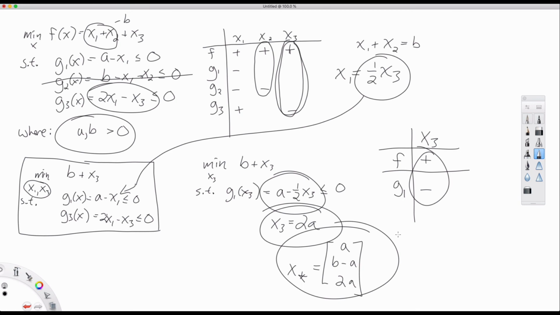And then if we plug that in to our objective function, which is simply the sum of all of the variable values, that's going to be equal to b plus 2a. Through this iterative process of constructing a monotonicity table, substitution, and problem reduction, we have actually completely solved this problem.